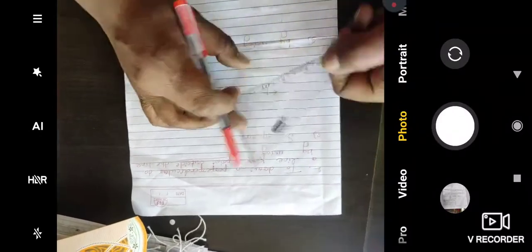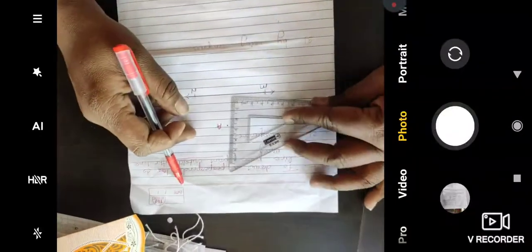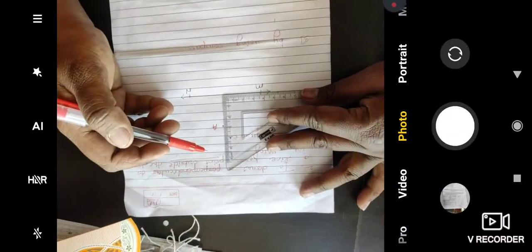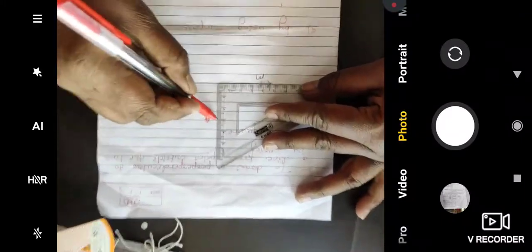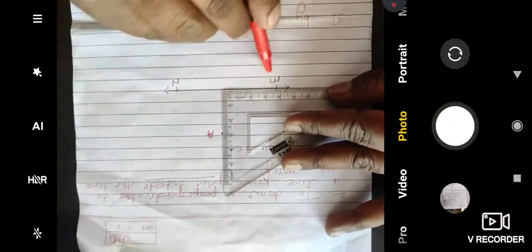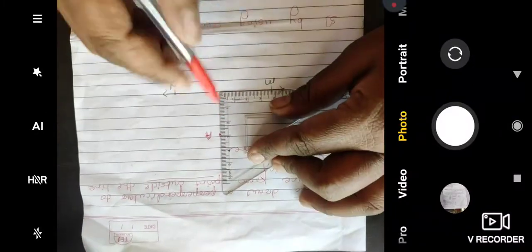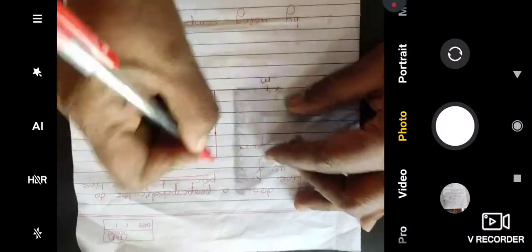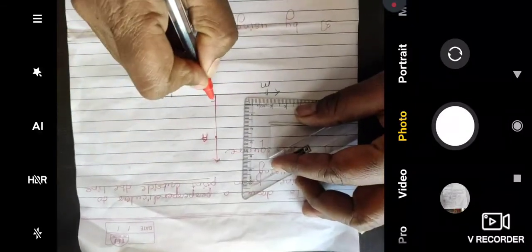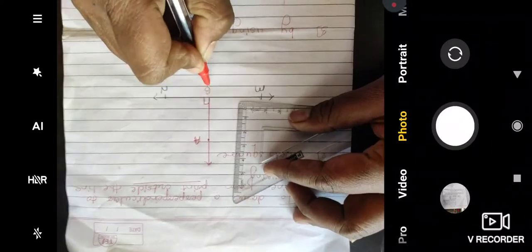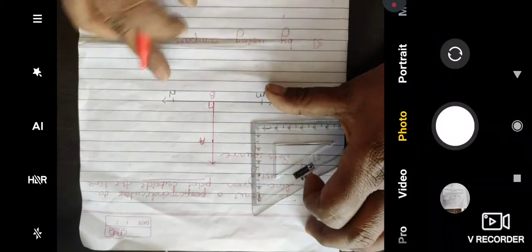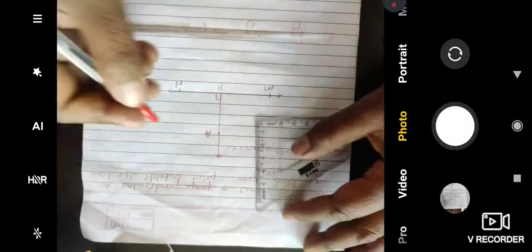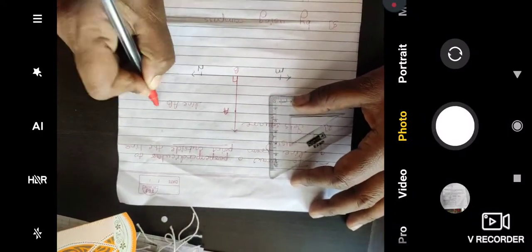Exactly this side we have to adjust with the line MN, and another side we have to adjust on point A. This is point A, this is MN, and we have to draw the line passing through A which touches the line MN. So here we have drawn AB perpendicular to MN from the point outside the line. So line AB is perpendicular to line MN.